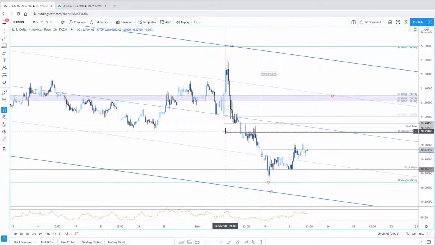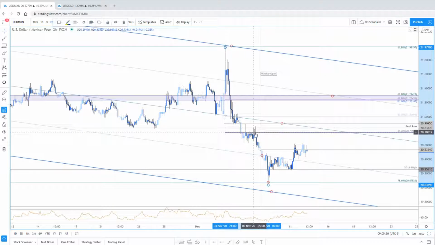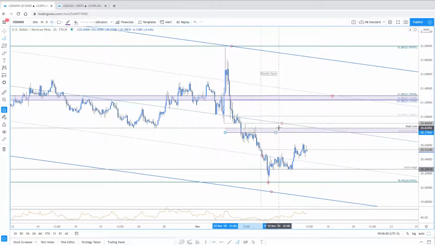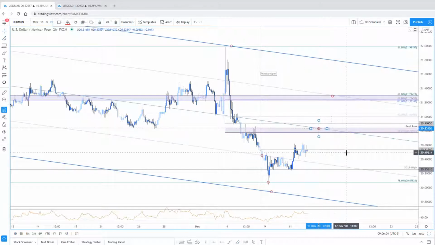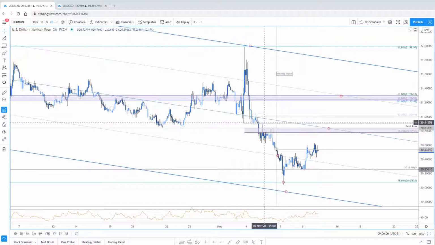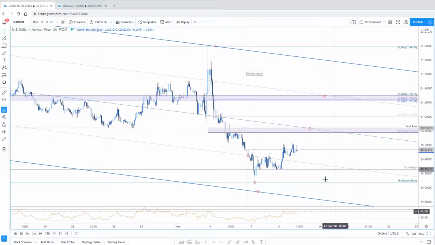So something like this. It shifts to your sort of more critical resistance to right there.